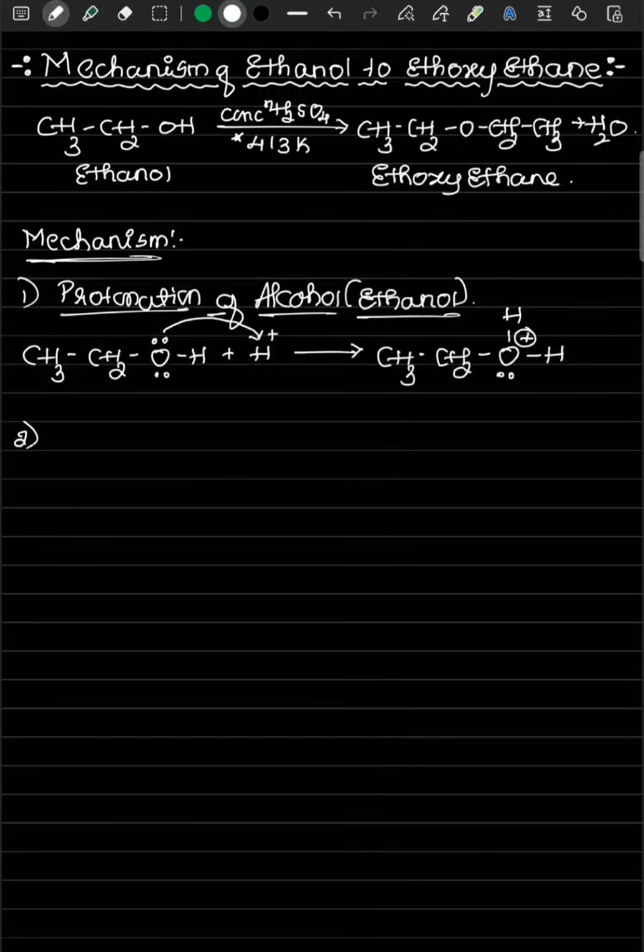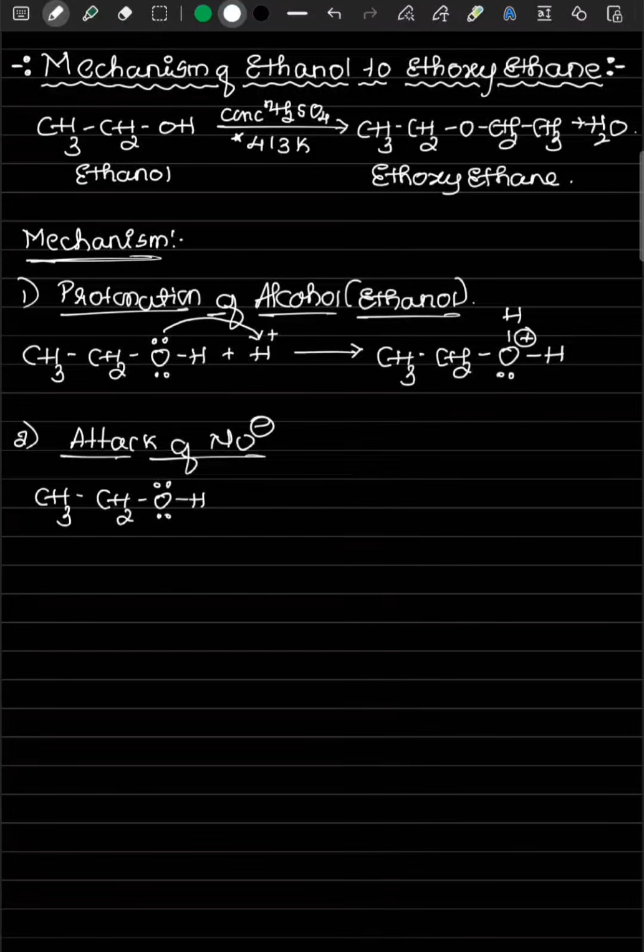In the second step, we have the attack of a nucleophile. That will be your second step. So here what will happen? Ethanol, that is CH3CH2OH, since it is electron rich, will act as a nucleophile and attack the protonated alcohol.